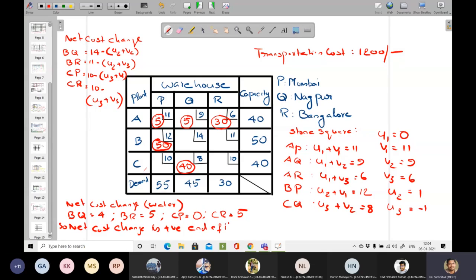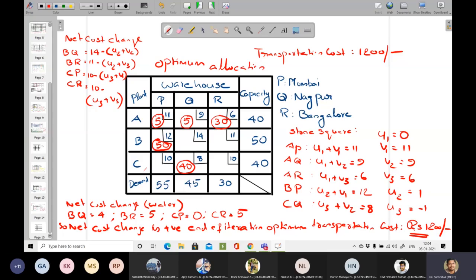End of iterations. The optimum transportation cost is rupees 1200, and this will become the optimum allocation.